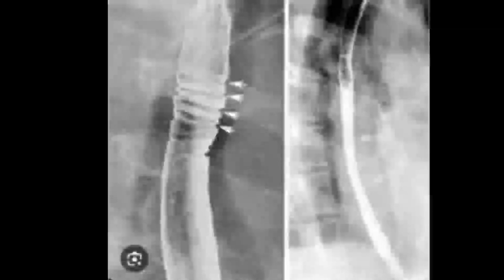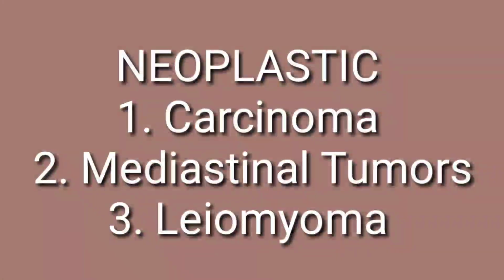These are small, short but multiple strictures, and they also give rise to a pattern called the coil pattern or ring pattern. This would be termed small benign strictures.